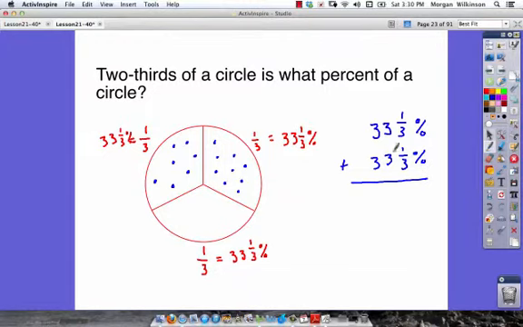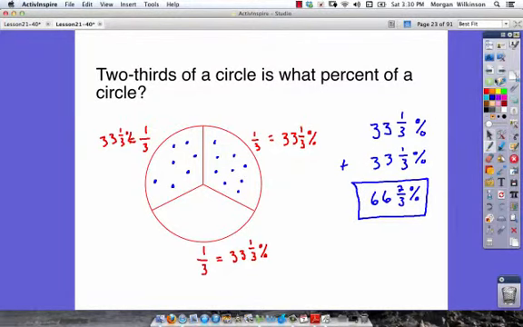Now when we add mixed numbers, we can start on the left and add to the right. 33 plus 33, that's 66. And 1/3 plus 1/3 must be 2/3. So we get an answer of 66 and 2/3%. That's what we need to do in order to solve a problem like this.